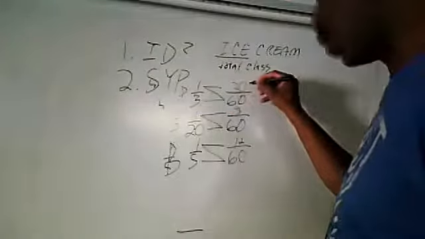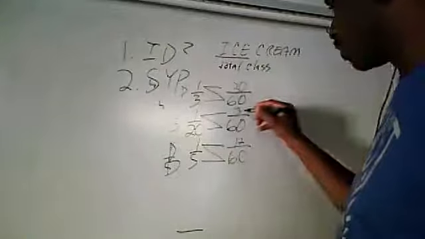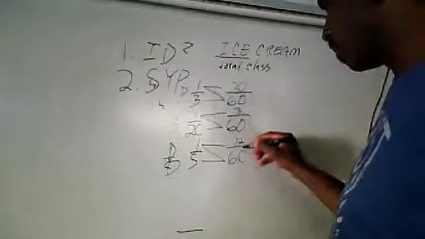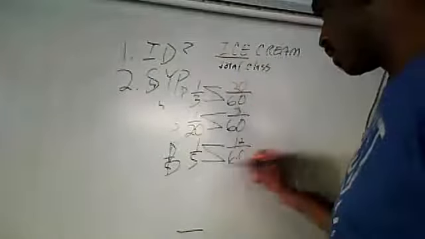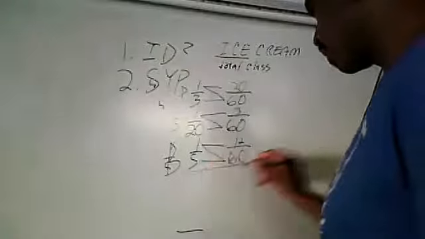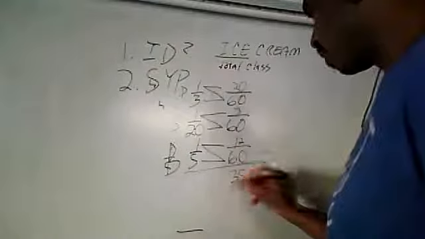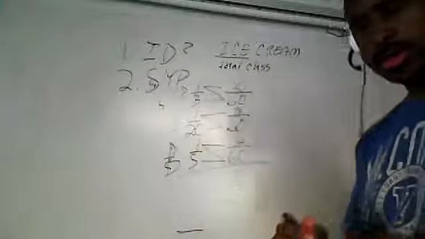So you get 20 plus 3 is 23 plus 12 is 35 all over 60. Okay, so that number there represents the fraction that chose those other things, 35 over 60.